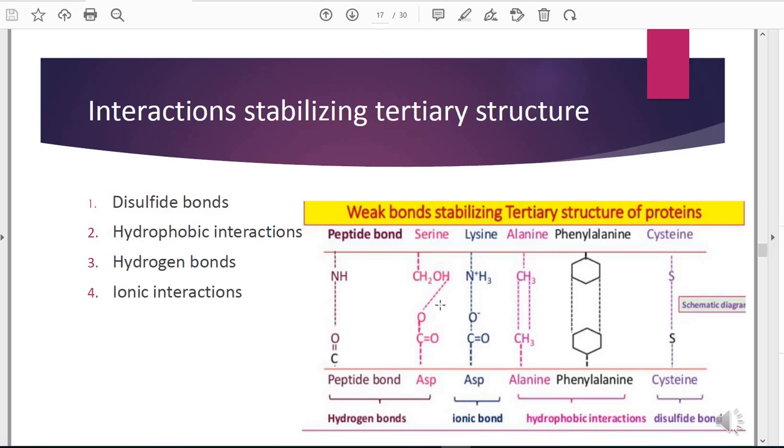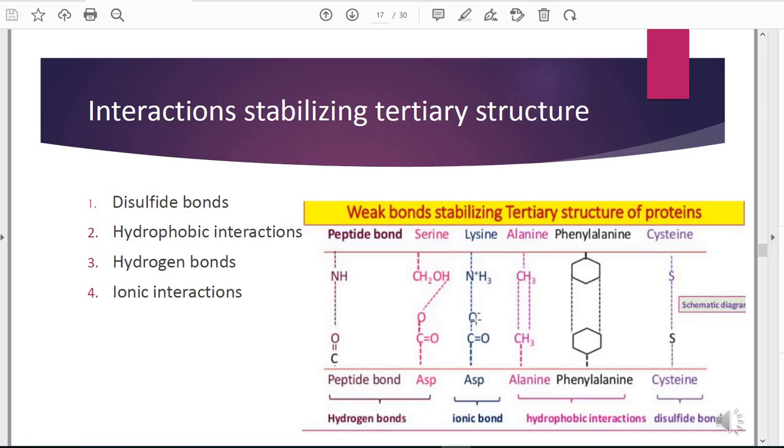And at last, the ionic interactions. Ionic means there is exchange of ions, so it must be between the charged group. Do you remember the charged amino acids? It's the basic amino acids and acidic amino acids.